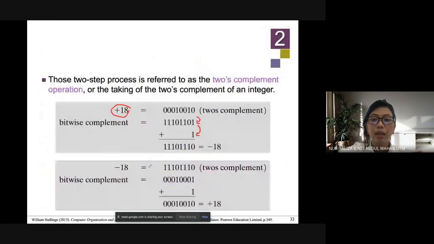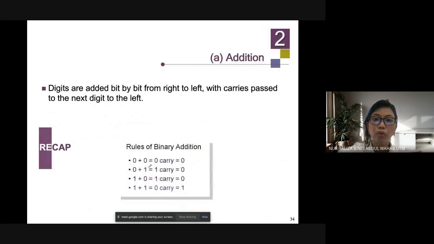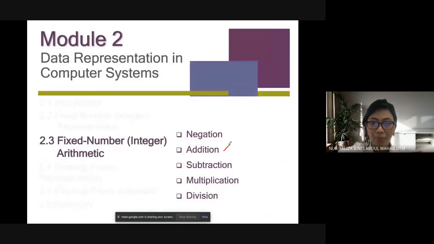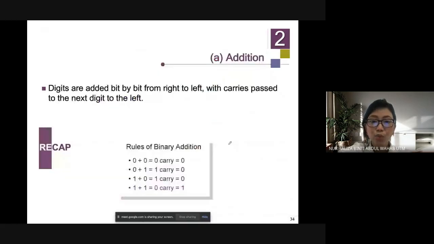Then we will move to addition. You can see over here, addition. I already shared this table with all of you, and this is just your recap.